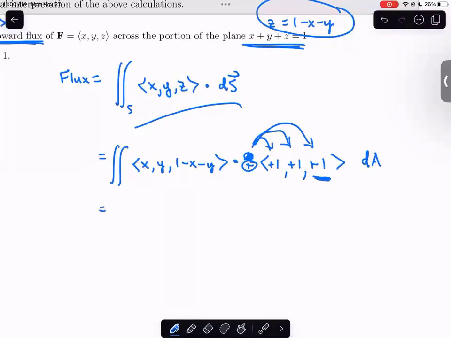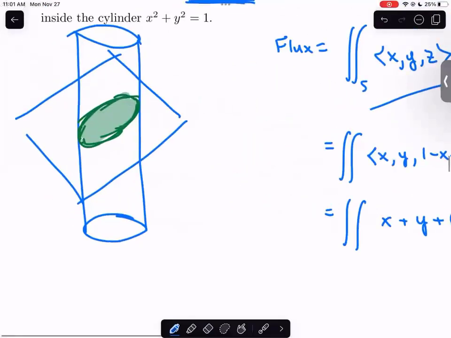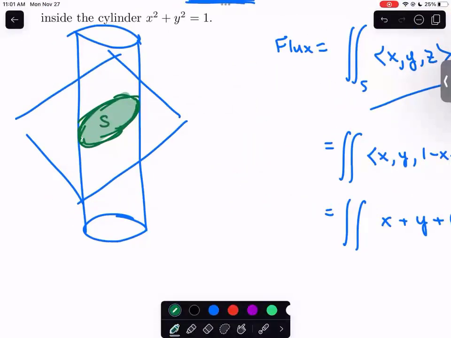All right. So let's go ahead and evaluate out our dot product. We have x times 1, we have y times 1, and we have z times 1, which again, our z was 1 minus x minus y. Notice that my bold dS went to dA. We're now in the xy plane. So we've taken this surface that was hovering in space, and now that we've started to evaluate this and we've gotten rid of our dS, right?